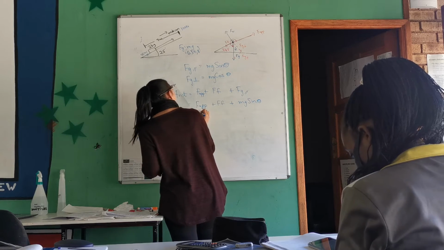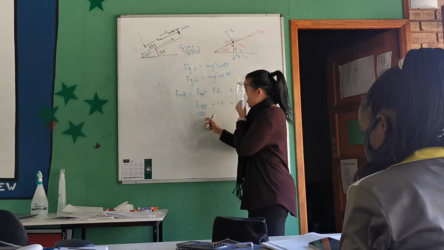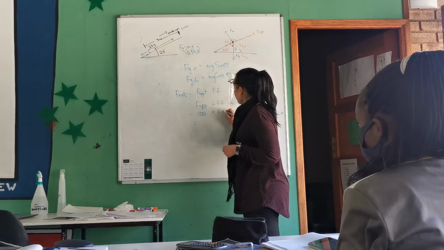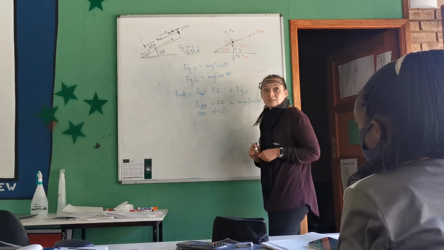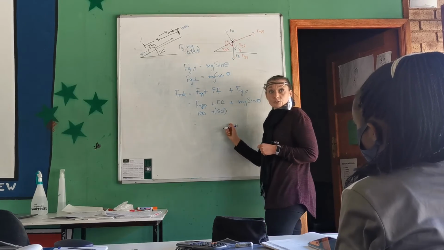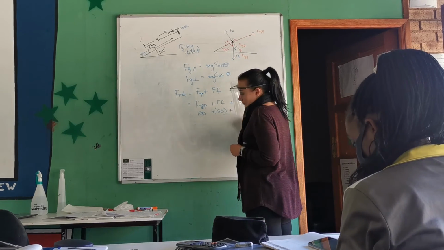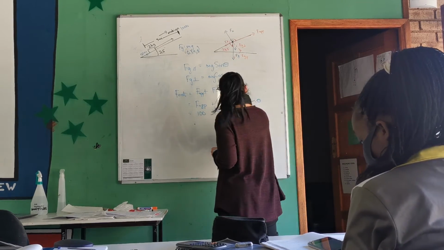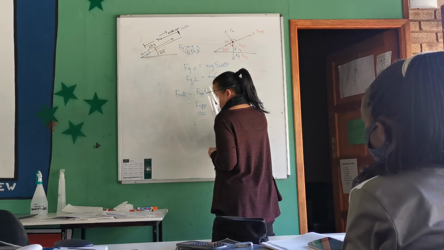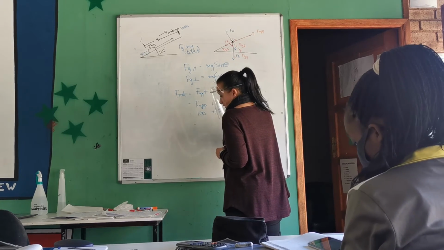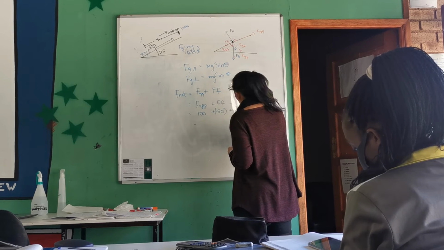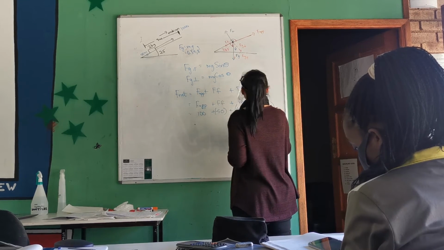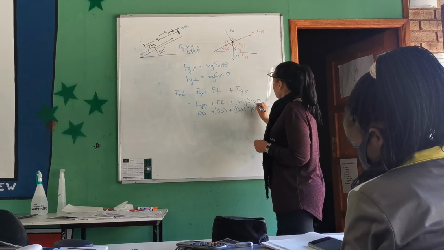Okay, so I have my 100, because the 100 was what was given to us, and the 50, but the 50 is negative because it's in the opposite direction and we're dealing with forces right now. And then mg is going to be equal to 2 times 9,8 multiplied by the sine of 25 to work out what the value is for Fg parallel.